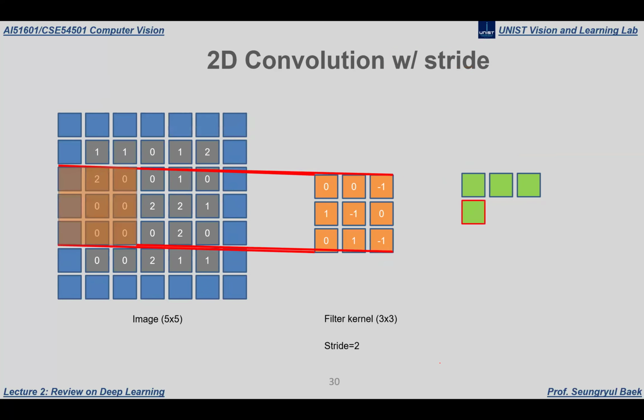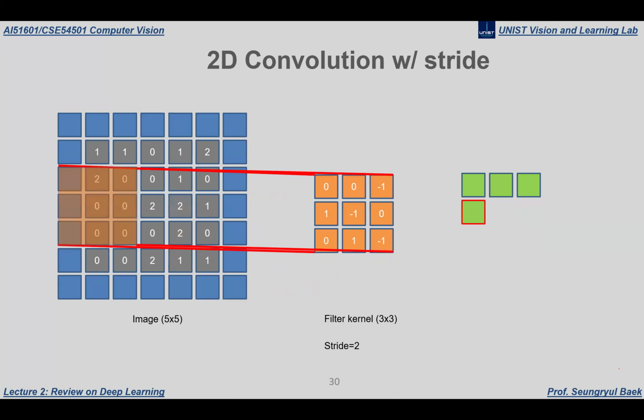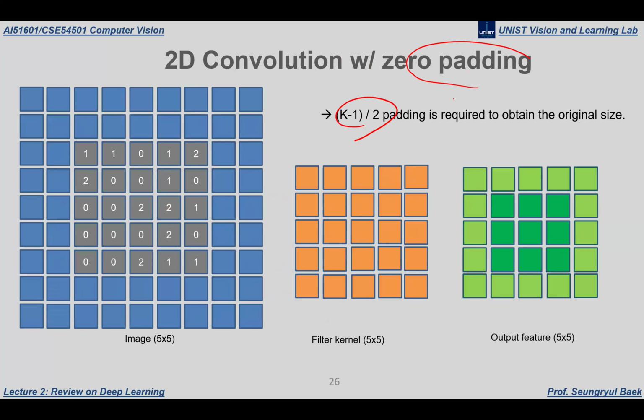Because 2D convolutions are already differentiable operations, the remaining thing is controlling the dimensions. The design choices remain for us, and the main choices will be how we set the stride, the zero padding, and also the filter kernel size. That's the choice we have to make when building new architectures.